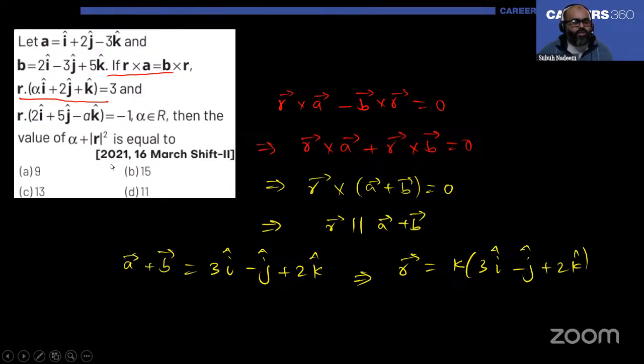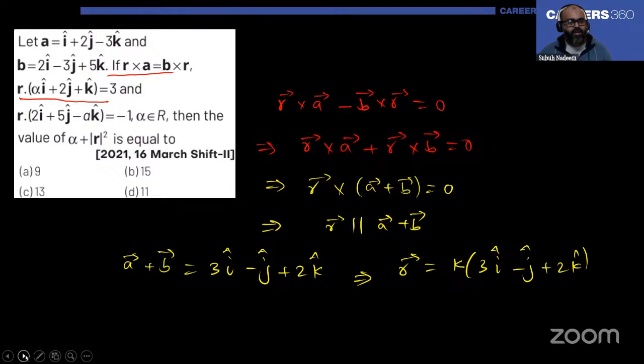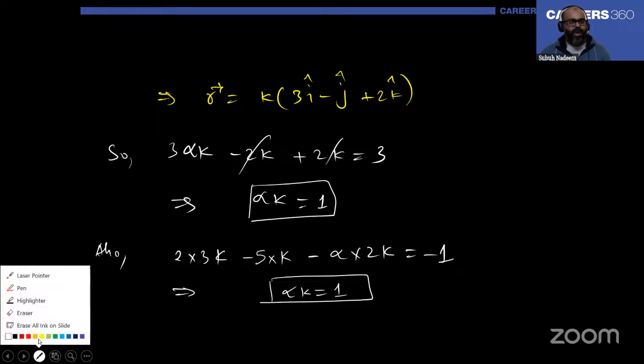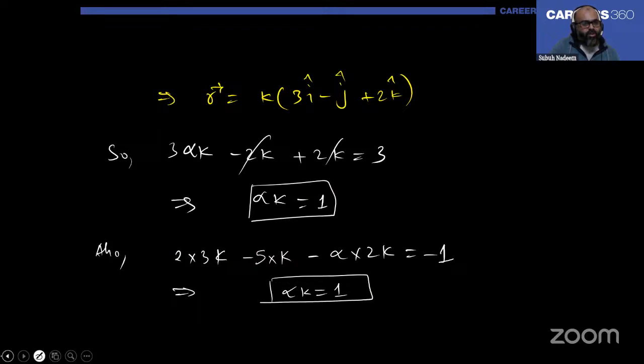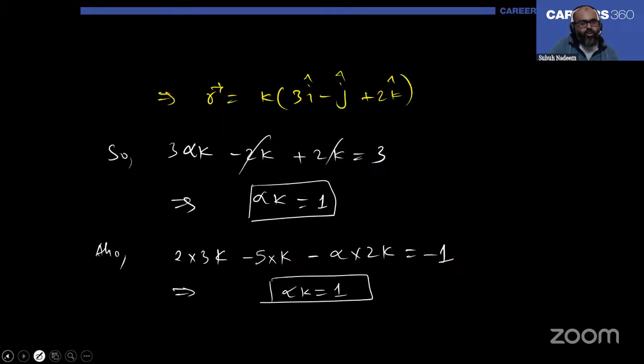Fine. So if we talk about mod r square, and here it is alpha. We should get a different result. Let's see. Here it is 3k into 2, minus 5 into k... and 2k into minus alpha.